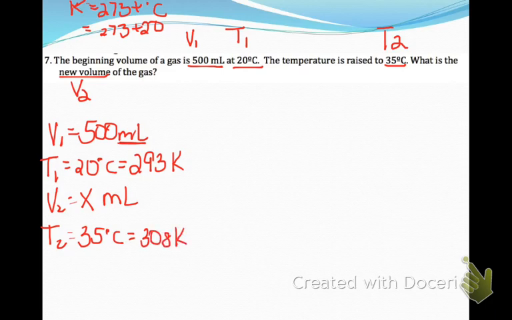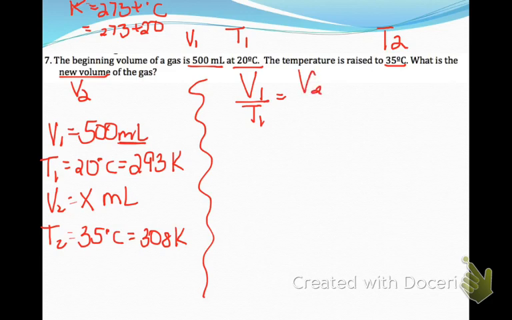Now we want to make sure I know what that equation is. I remember from the beginning, we have V1 over T1 is equal to V2 over T2. I need to solve for one of the variables, so I need to solve for V2. I need to isolate V2, so that means my T2 gets moved up.